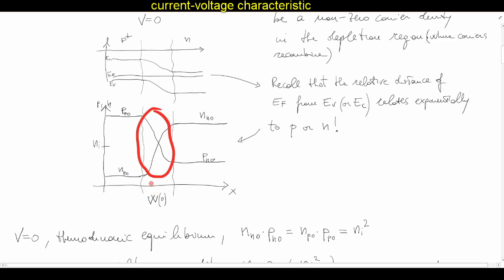We know that thermodynamic equilibrium, though, imposes this shape. Okay, maybe they recombine. We don't care. That's all. Okay, so this is the situation in terms of charge densities, both for electrons and holes, at thermodynamic equilibrium. We will come back to this.